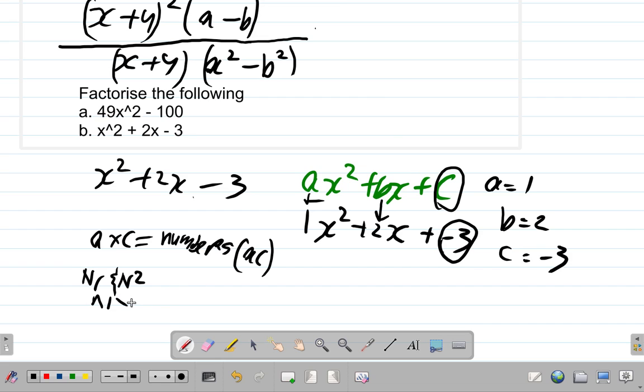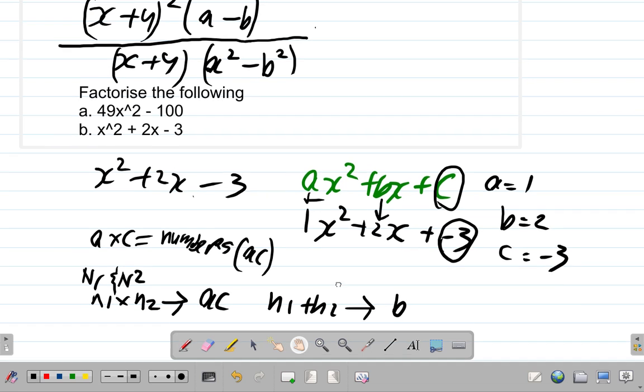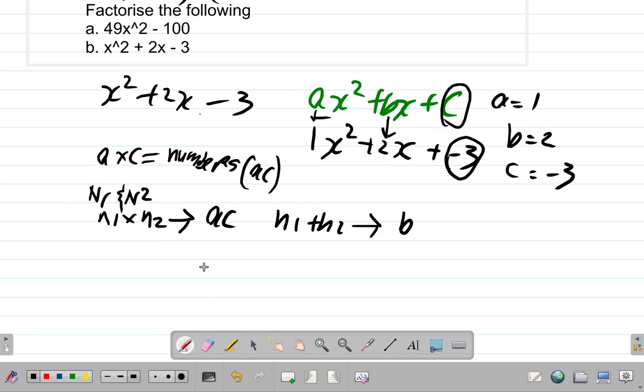Now N1 multiplied by N2 gives you AC, and N1 and N2 must add to give you B.